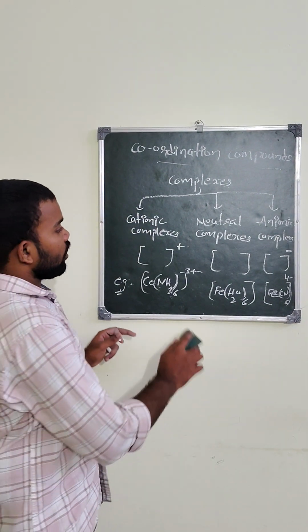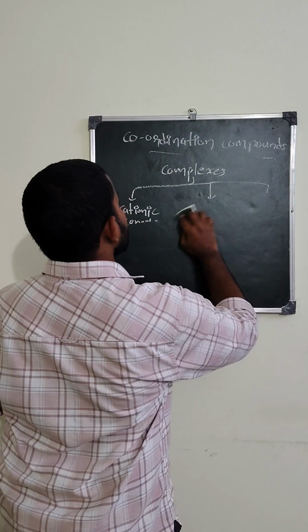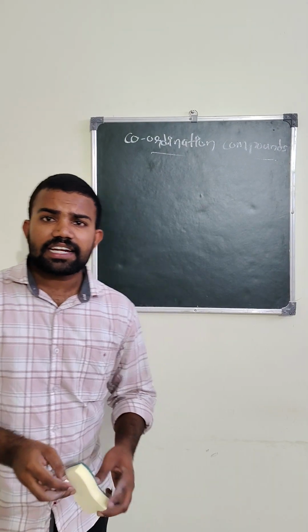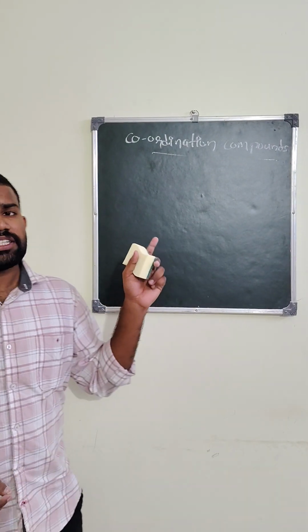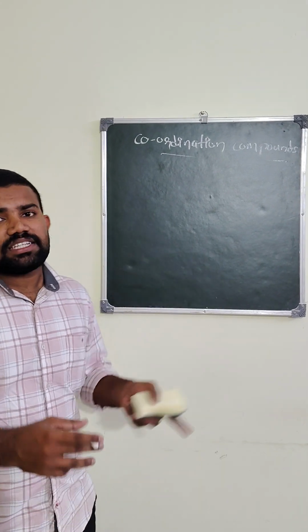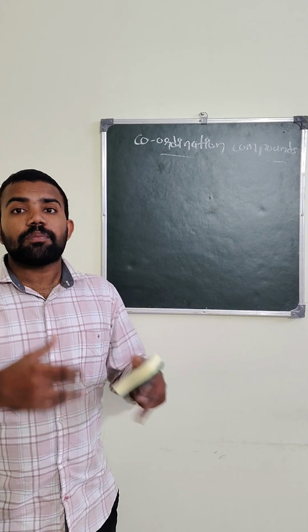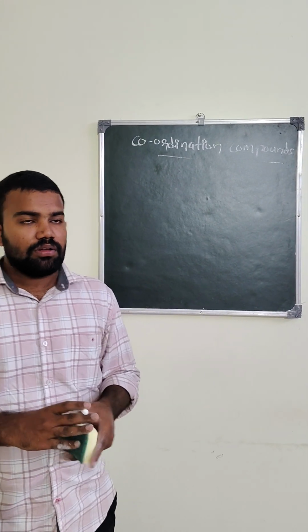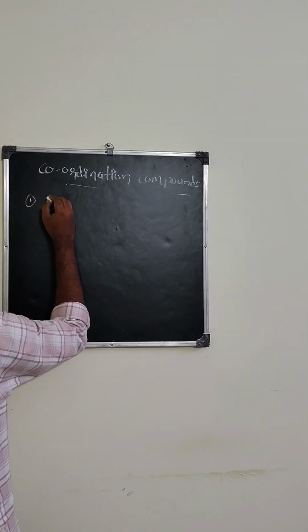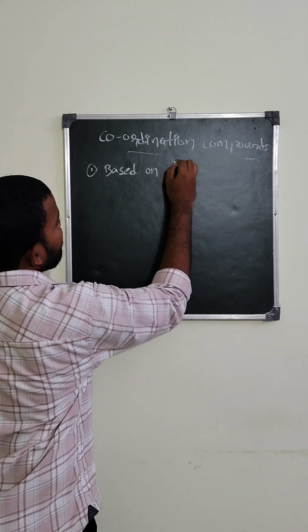Okay, now I am explaining the classification of ligands. Generally ligands are classified into 3 types: based on charge present on the ligand, based on denticity, and the third one based on type of donation of lone pair. First one is based on charge.